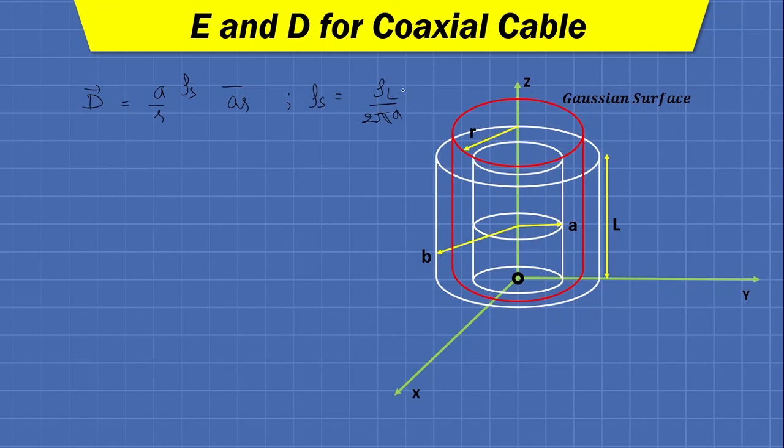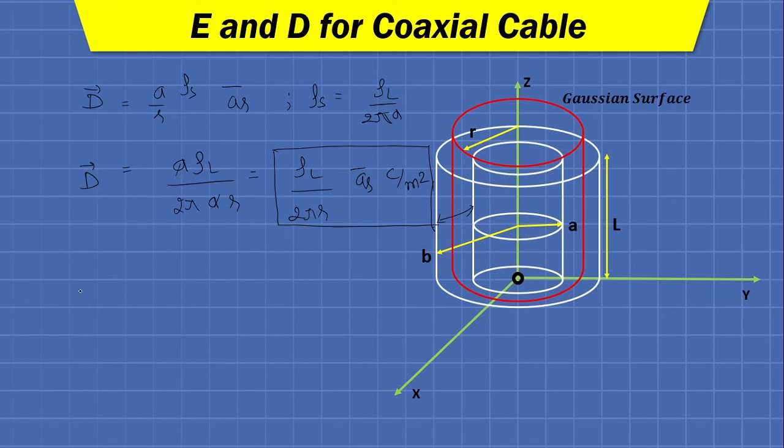This relationship we determined in the very beginning of this discussion. So we can write D bar equals a into rho L divided by 2 pi a into r. So now a will cancel out, and finally we will have rho L upon 2 pi r a_r bar coulomb per meter square. So this is the formula of the flux density in the region between the two conductors.